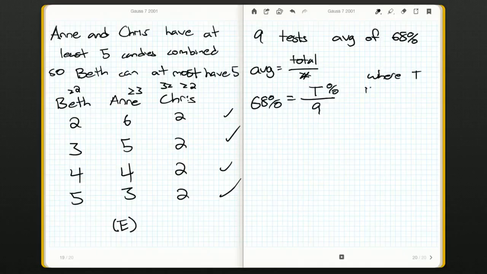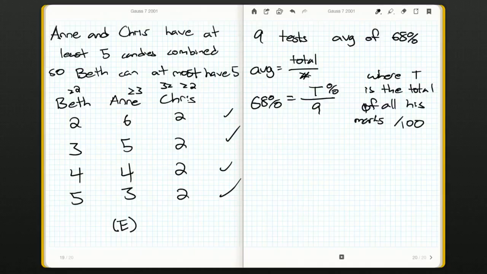where T is the total of all his marks out of 100. Okay, we're told that each test is marked out of 100. So if he got an 89% on one test, that means he got an 89 out of 100 on that test.